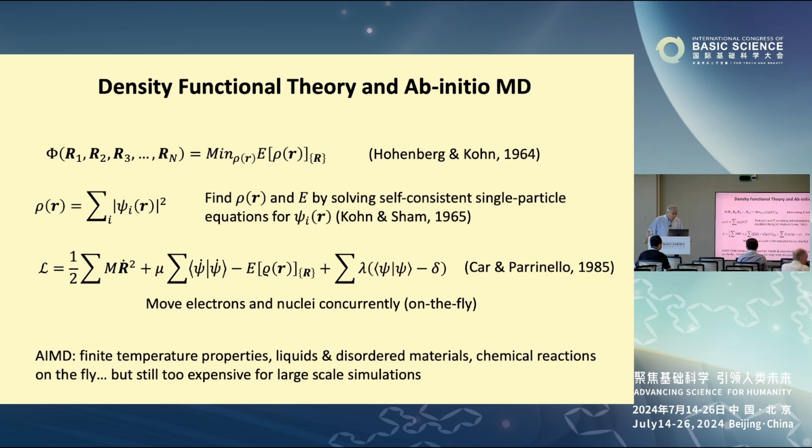trajectory. So that opened the field to study finite temperature properties of material, to study liquids and disordered material, chemical reaction on the fly, and so on and so forth. But still, it was too expensive for large-scale simulation.